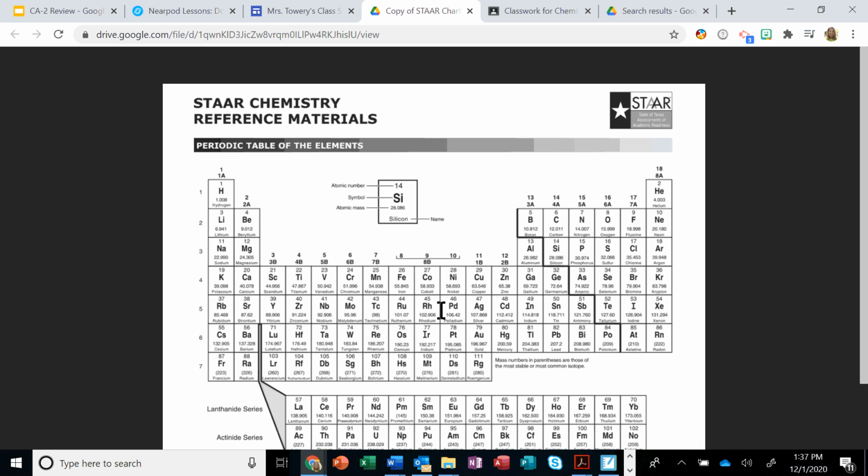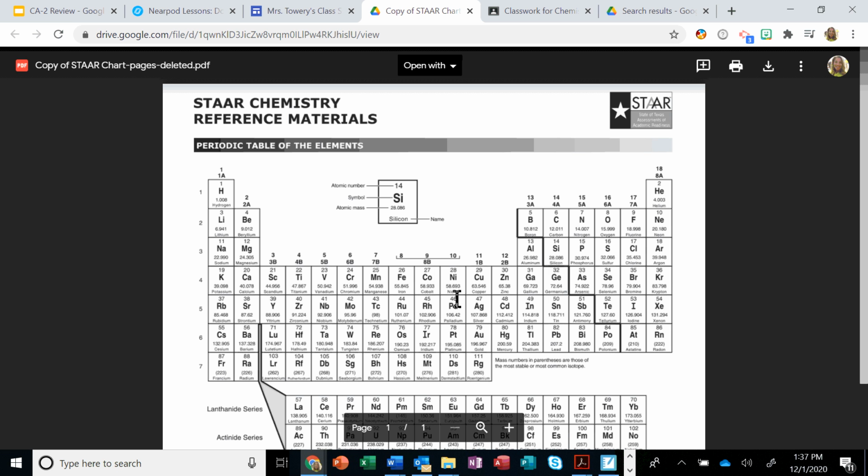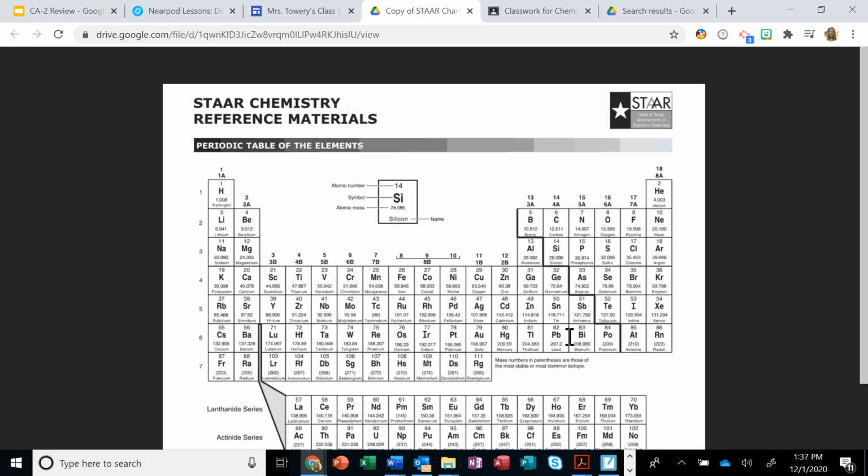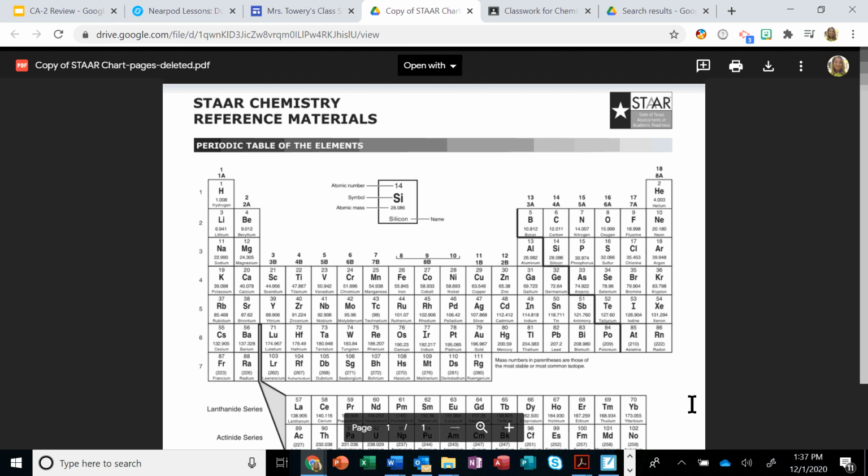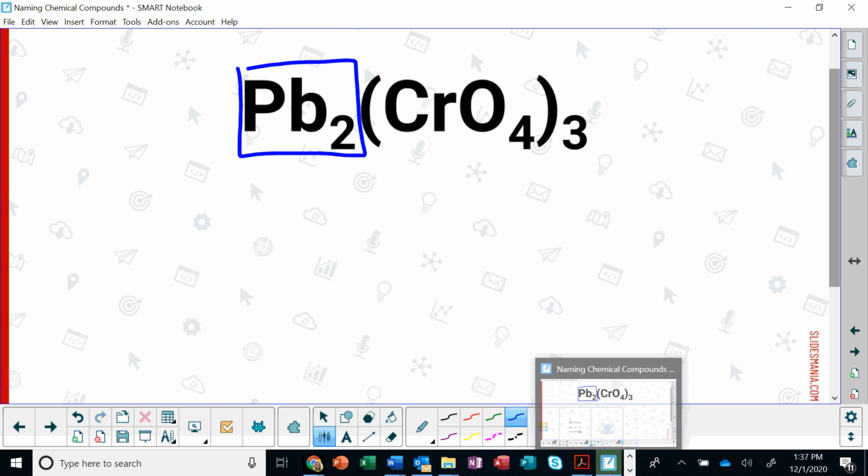Pb is in the dip on the periodic table. That's Pd. So Pb is over here. My bad. Sn and Pb are considered transition metals, and anything in the dip of the periodic table is also a transition metal. So that is super important with what we're doing here. So it's going to be a transition metal.